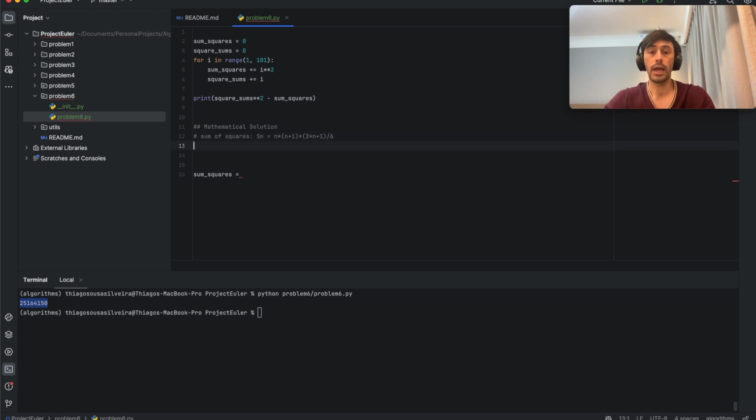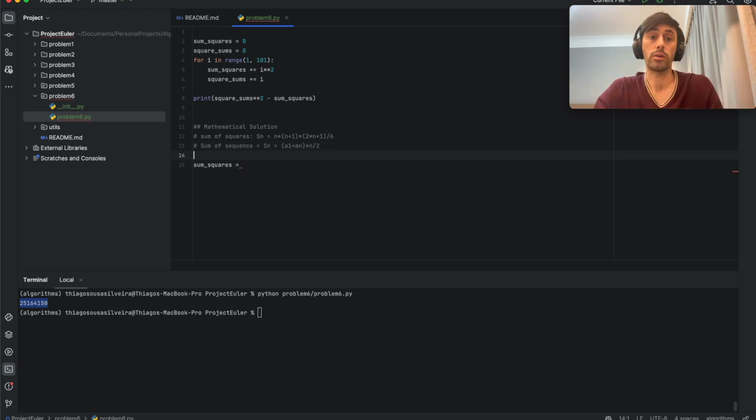And there is also the sum of a sequence, which we have used before in problem number 1, if I'm not mistaken, which is just the first element, number 1, plus the element in the last position, multiplied by the number of elements in this sequence, divided by 2, right?